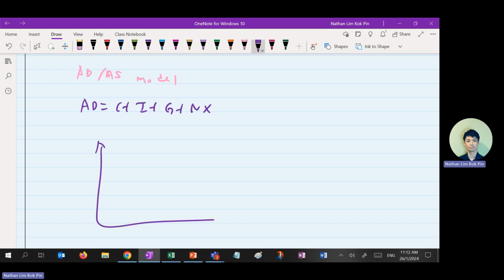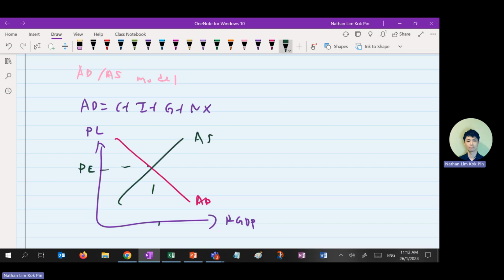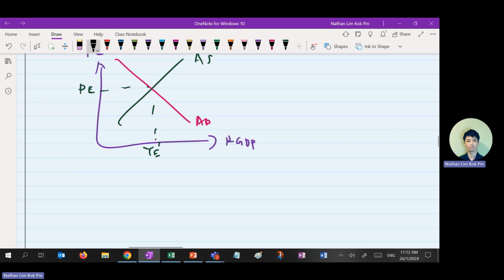This is PL, price level, and this is RGDP. This is the AD curve, and this is the AS curve. They achieve equilibrium like that, just like the normal micro diagram. But having said that, short run AS and long run AS are a little bit more complicated.